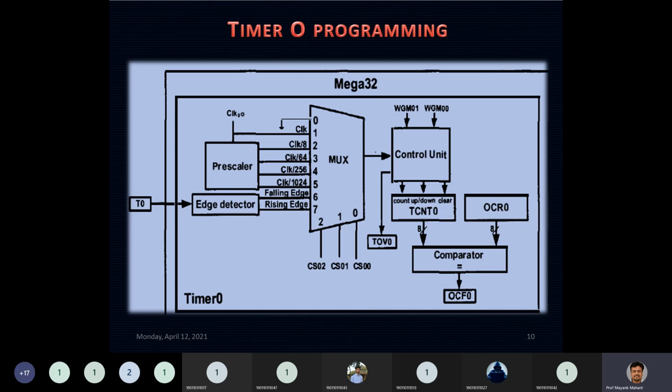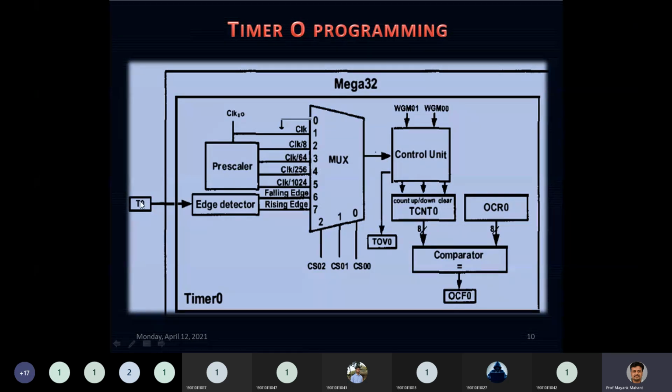This is the internal block diagram of your timer 0. Let me explain everything that is associated with timer 0, starting from T0. If you recall, when we were discussing the external pins of the 40 pins of our microcontroller Atmega 32, I talked about this T0.